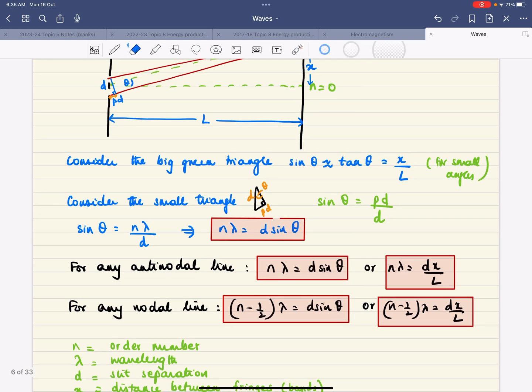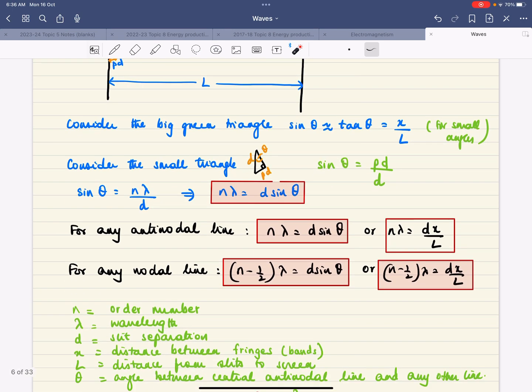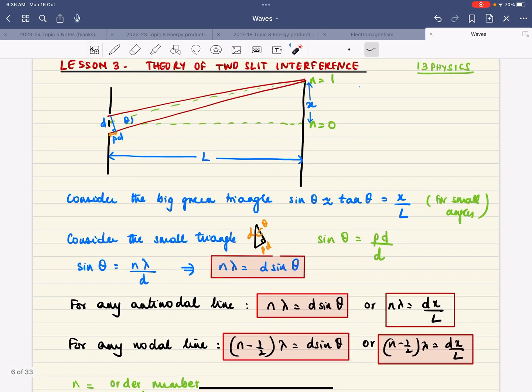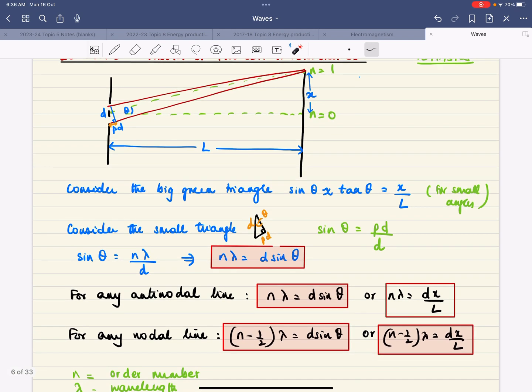But if you use sine theta is x over L, then you can get n lambda is dx over L. Okay, and this formula can only be used for two slit interference, not for anything else, where the angle is very small and the fringes are all quite close together.